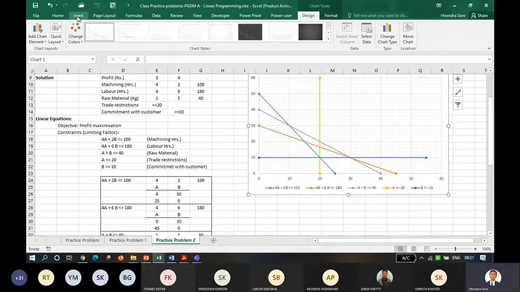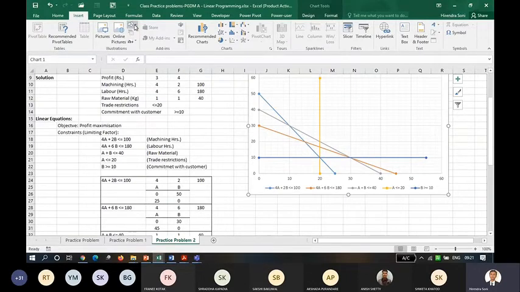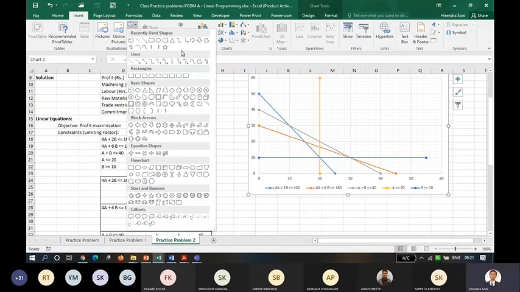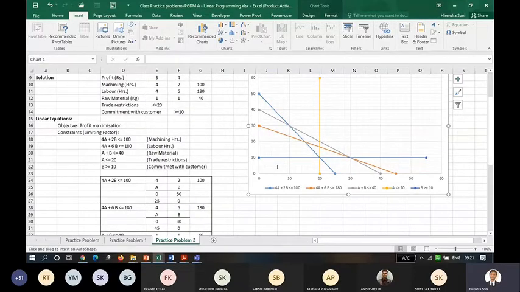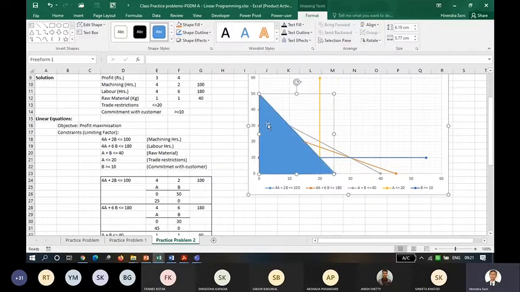That means I'm referring to this region. Is this fine?